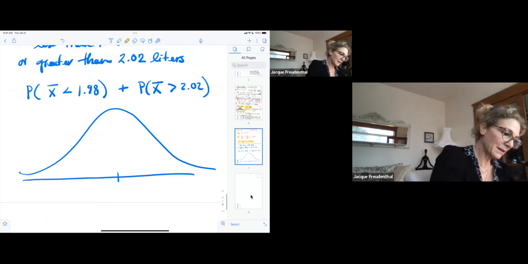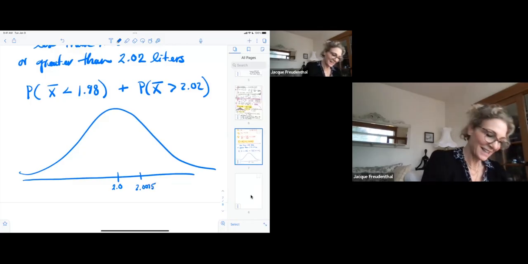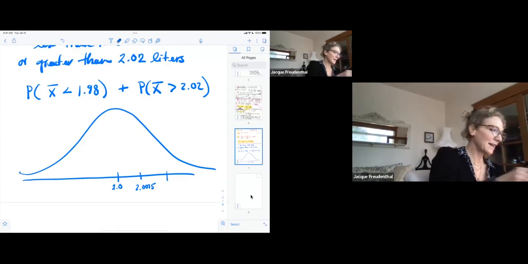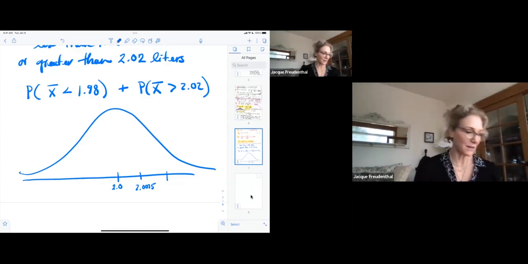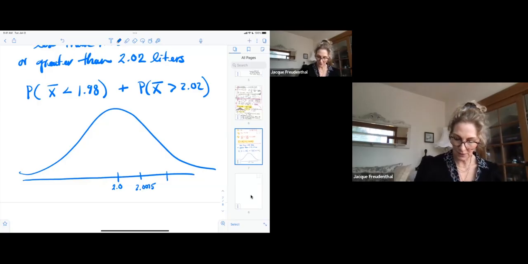So the middle of my distribution is 2.0. Then I add 1 standard deviation, so 2.0075, and go out to 2 standard deviations.